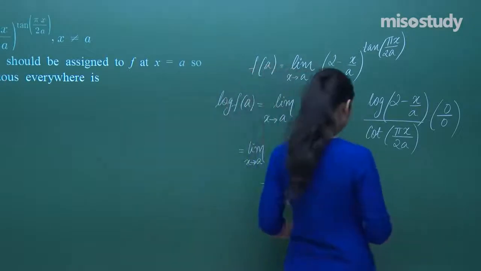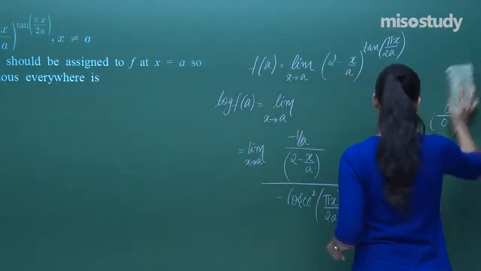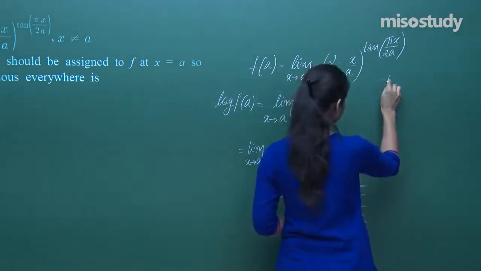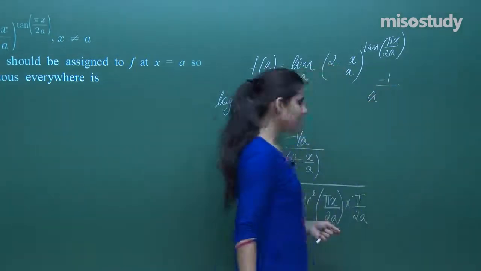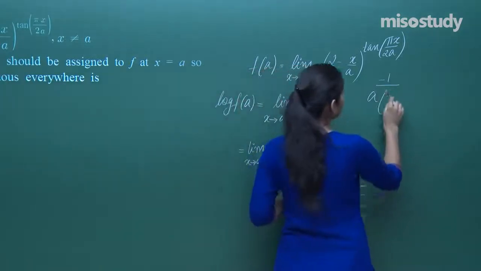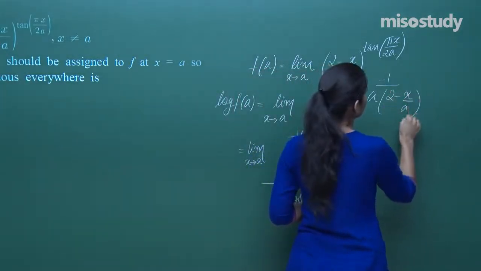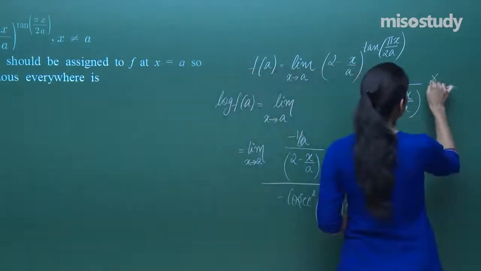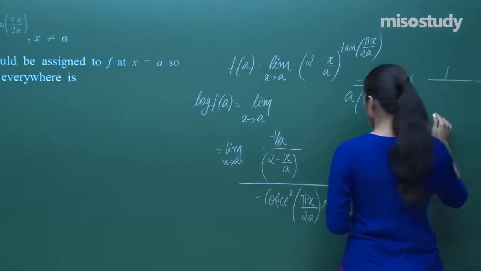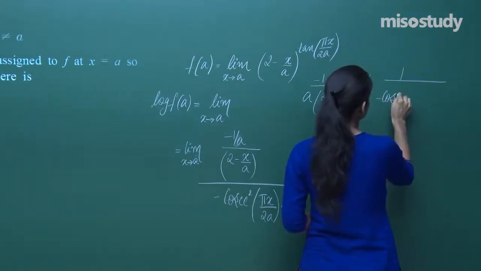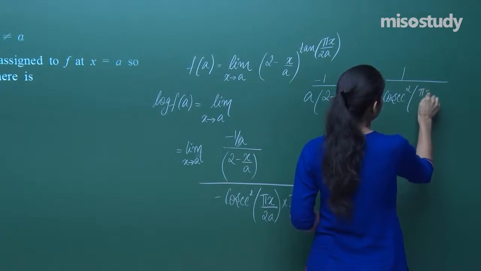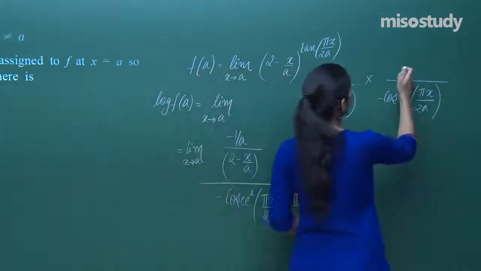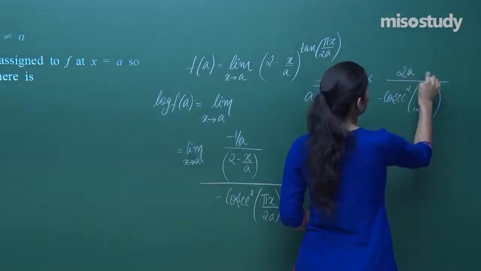Fine. Now if I move ahead, I can further write this as minus 1 upon a into 2 minus x upon a. This thing divided by this expression means multiplied by 1 upon cosec square pi x by 2a, and this is 2a by pi.